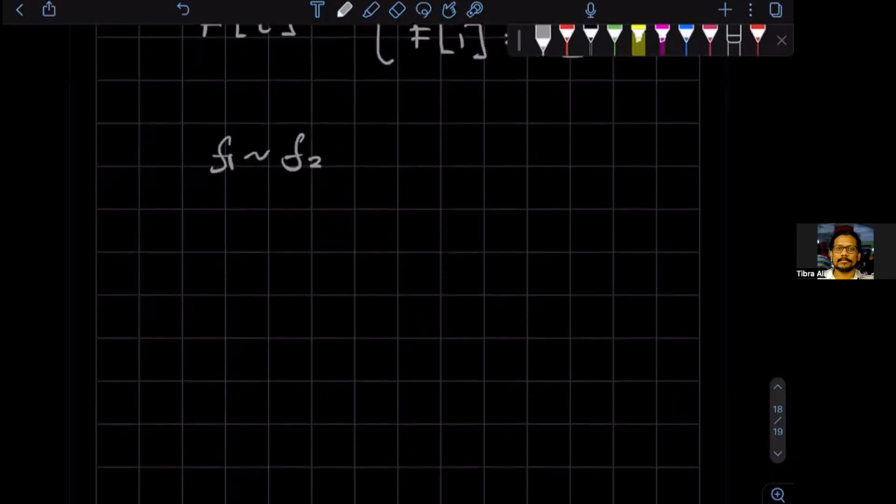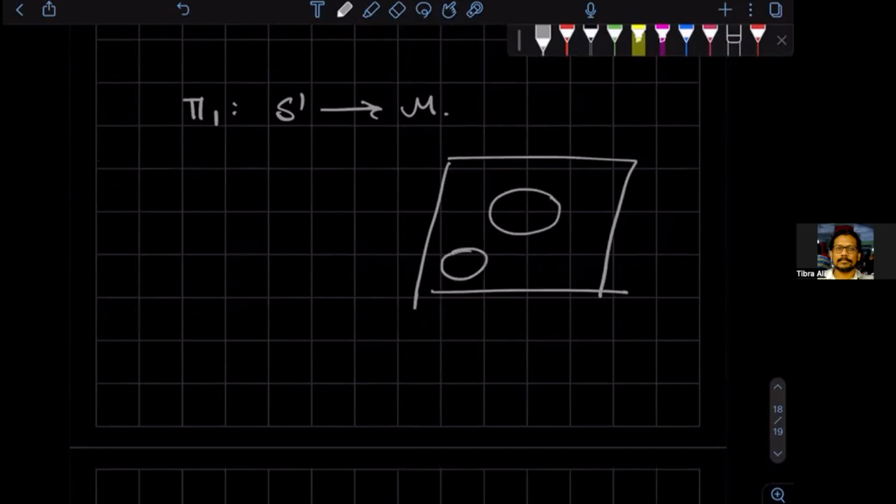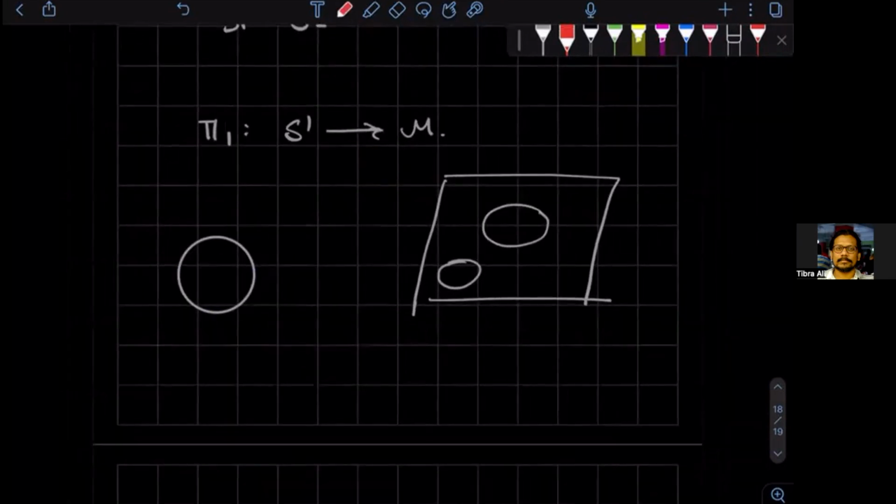An example is, say, pi1. These are the equivalence classes of maps from S1 to some space M. Suppose that our space is some space like this, where there are two holes. So the holes are not part of the space. Now, I have a circle here, and from the circle, I can have many different kinds of maps, right? So I can have a map to a point, that's a trivial map.